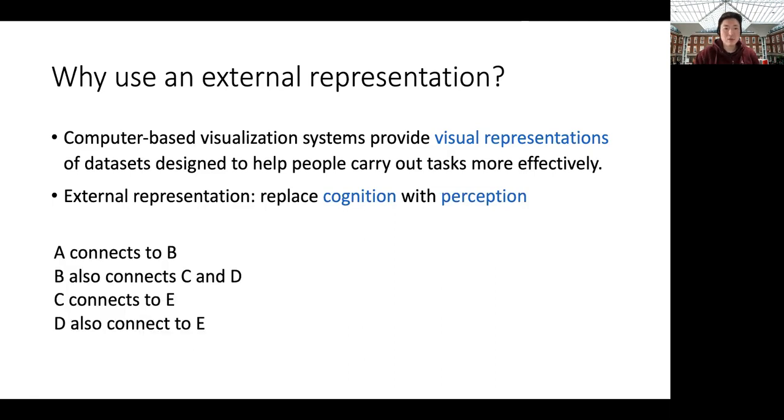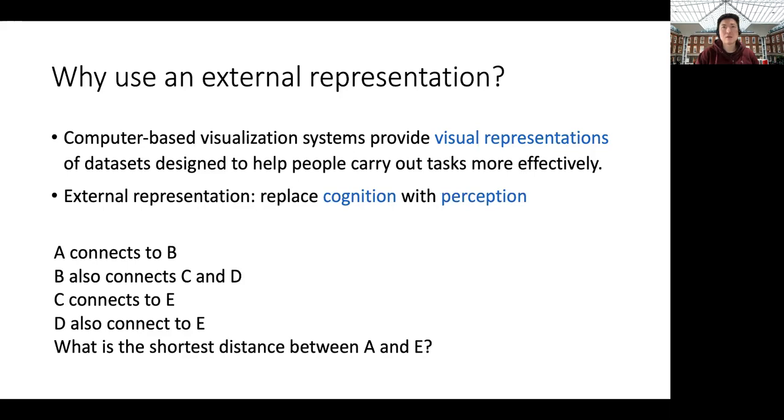So I have this simple kind of information. We have these different points, and it says A connects to B, and B connects to C and D, C connects to E, and D also connects to E. Okay, that's the information. So the question is, what is the shortest distance between A and E?